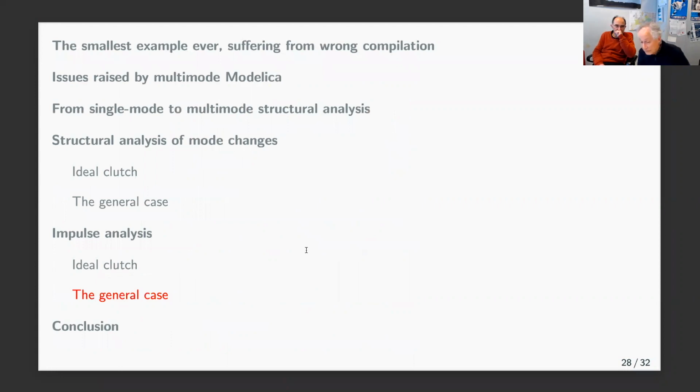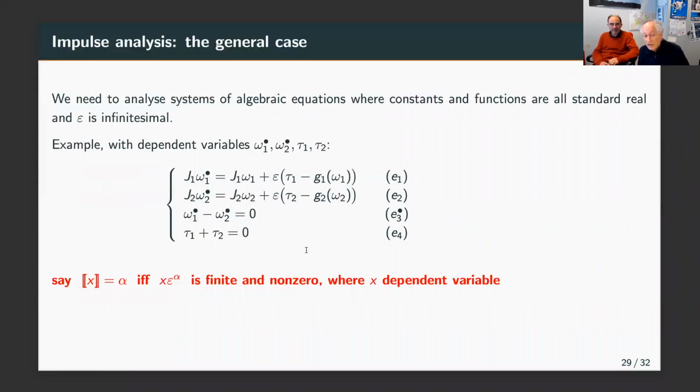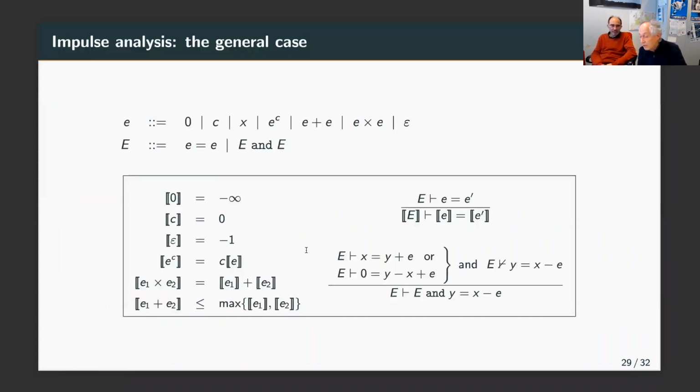Okay, I think it's becoming a bit too late to go through the details of what can be done in general. Let's just say that in the slides I'm skipping here, I give indication of how to make this systematic for general models.